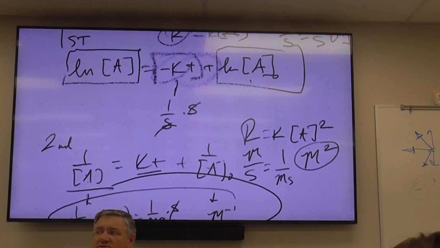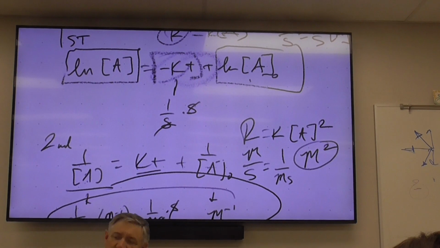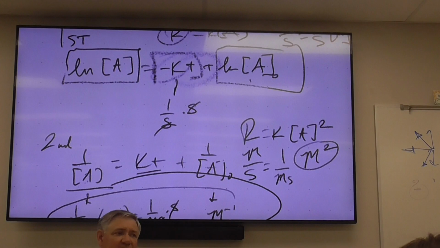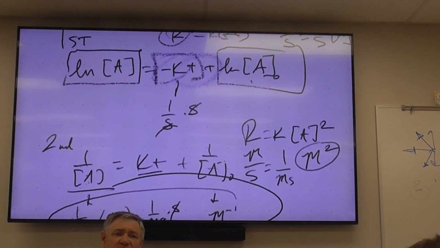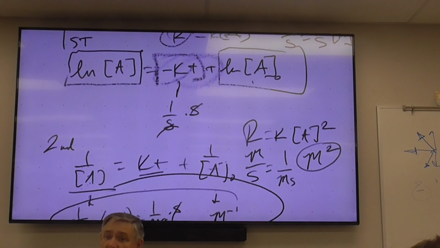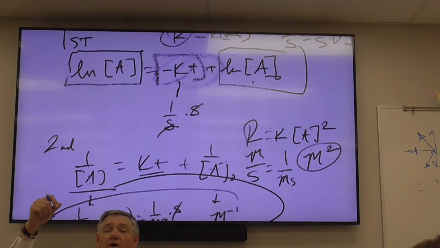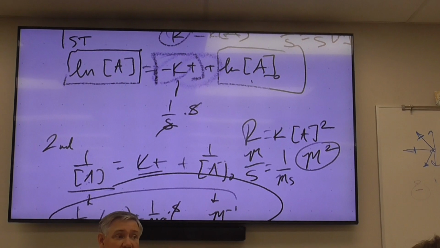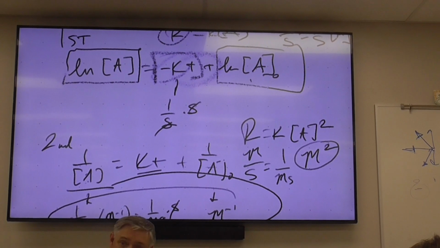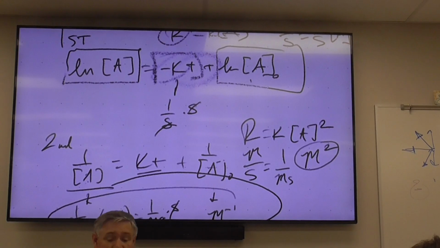If I let this reaction run for an hour, what's going to be the concentration? Or if I say, hey, I want the concentration to reach a certain point, I can solve for time and go, oh, how long is that going to take, that I have to let that reaction run to end up with this amount of reactant or product or whatever you want.